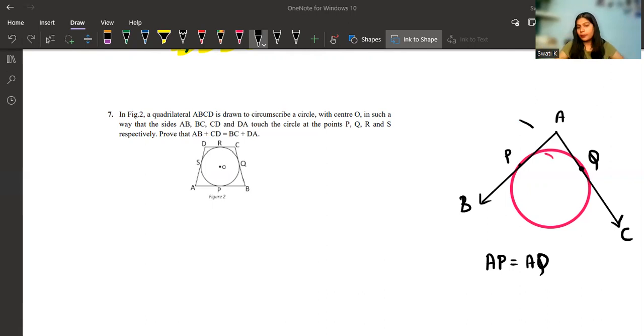This is a property, so this property you are going to use, and you can also start your proof by writing the same reason at the very beginning.